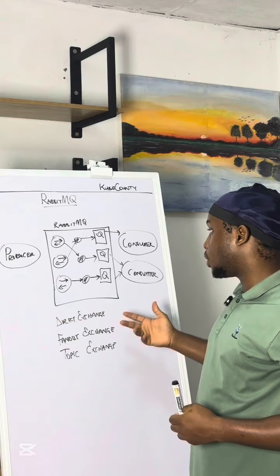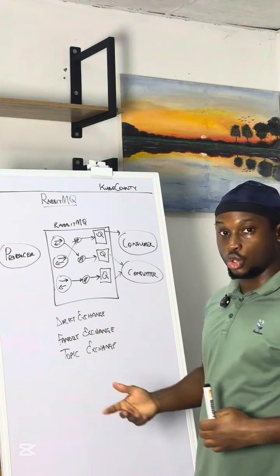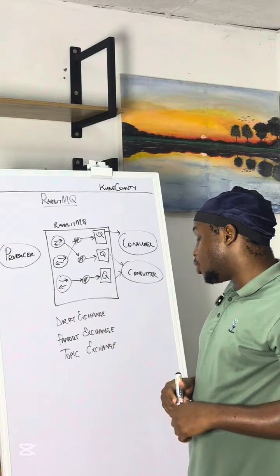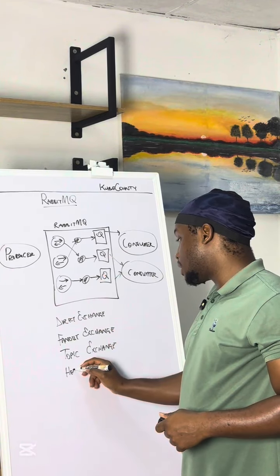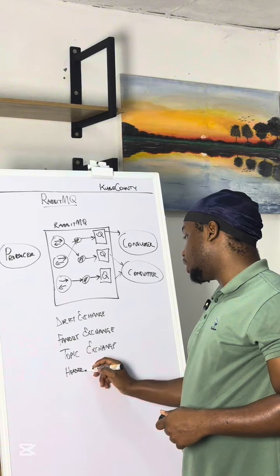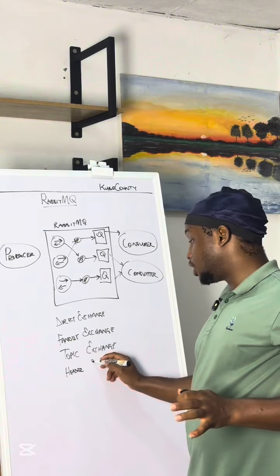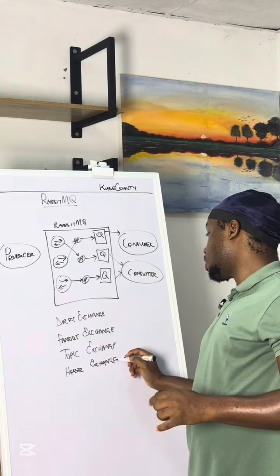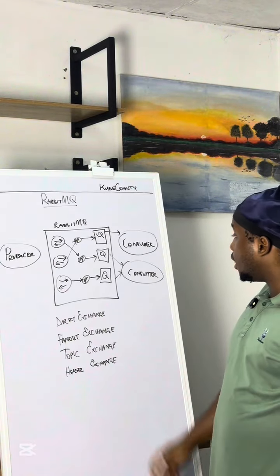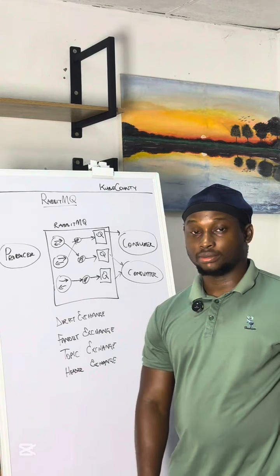Basically, it works with wildcards and can send the message to whichever queue matches the wildcard. And then you have the header exchange, which routes messages based on headers attached to the messages.